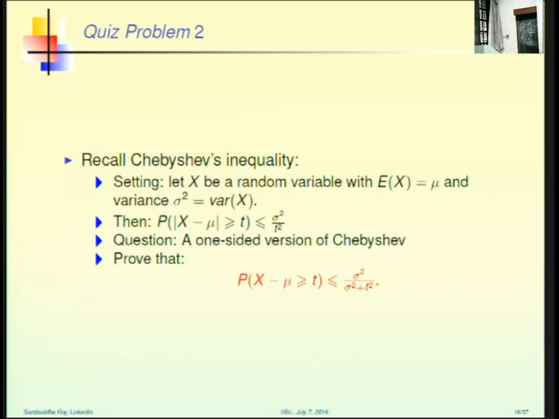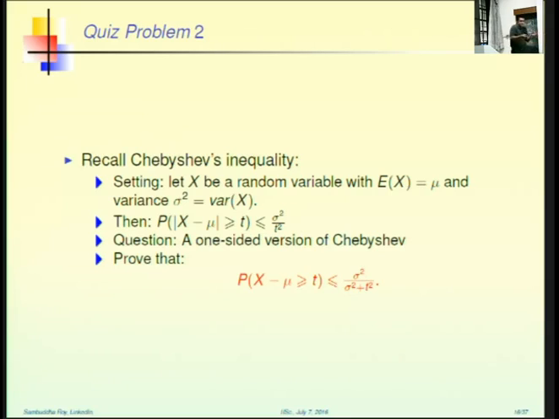And this two-sided inequality may be too weak to apply for certain settings, and you want a sharper inequality. You do see that this is sharper, right? Because I am talking about a smaller event, it's pretty much roughly half the event, but I don't get sigma squared by 2t squared. That's a bit too much to ask for.